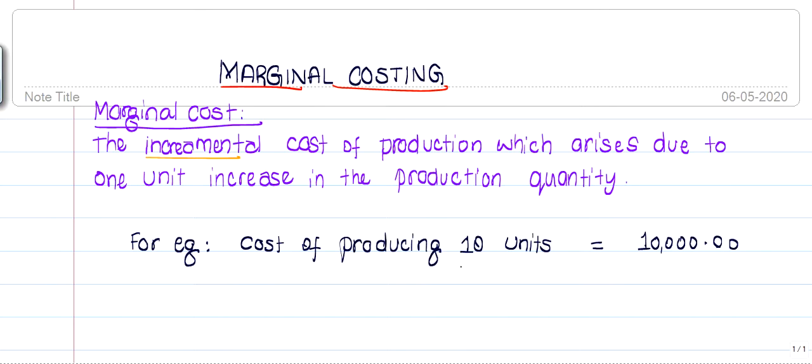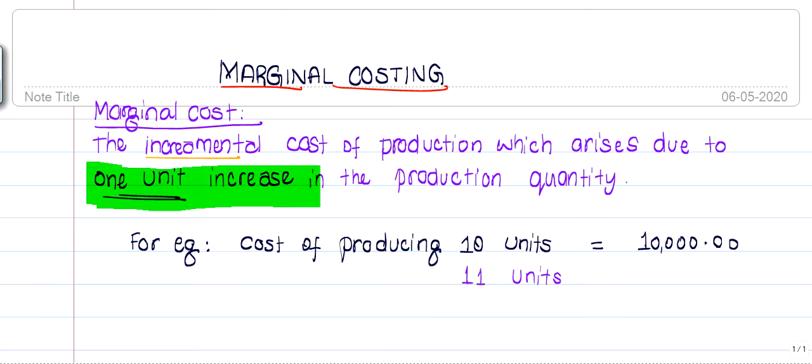This is your normal capacity. If you are able to produce 11 units, that is an increase of 1 unit, 10 plus 1. So the cost of producing 11 units is, let's say, 10,500.